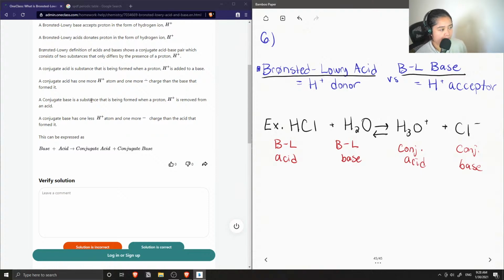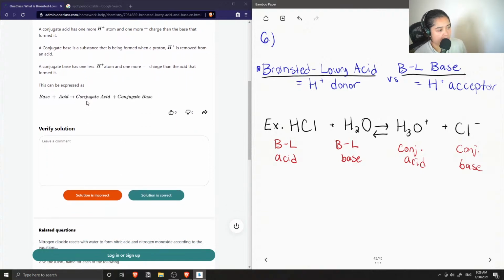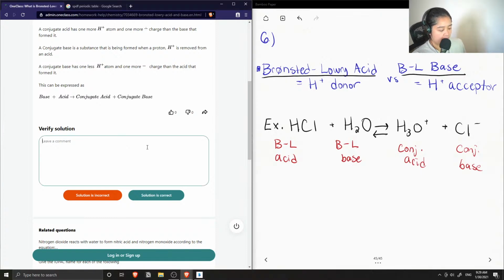And the conjugate base is a substance that is formed when a proton is removed from an acid. The conjugate base has one less proton and one more negative charge than the acid that formed it. And then they also showed a general expression. So the solution is correct.